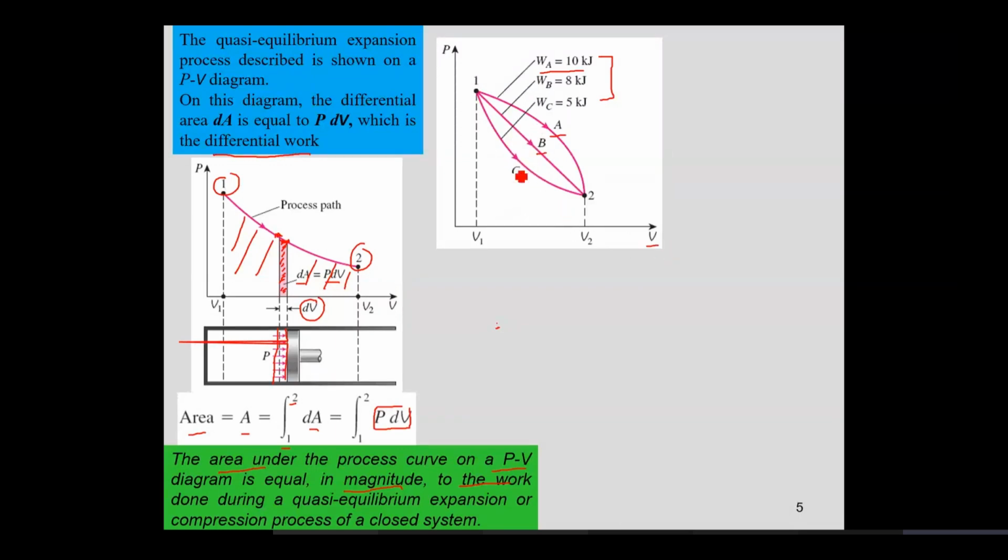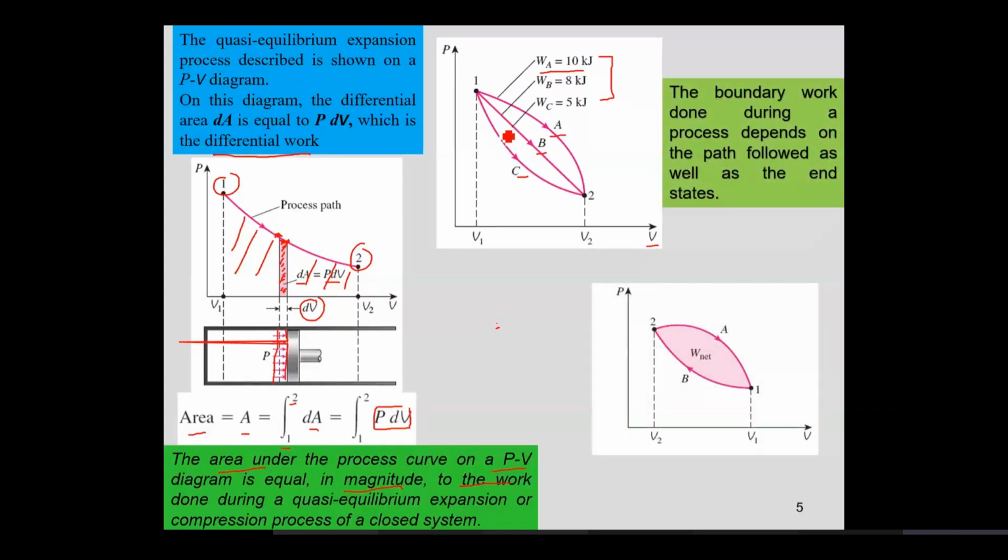And one thing more from this curve: if I undergo a cyclic process, that if I go from state 1 to 2 and come back from 2 to 1, or if I go from state 1 to 2 following the path B, this is while I am compressing it, reducing the volume.